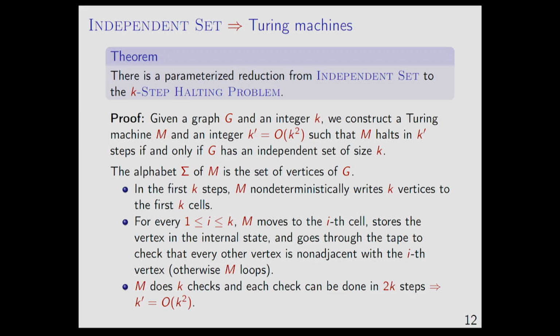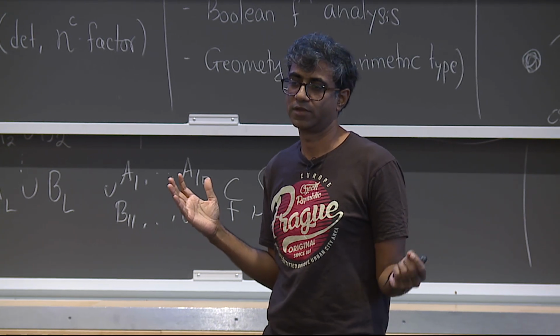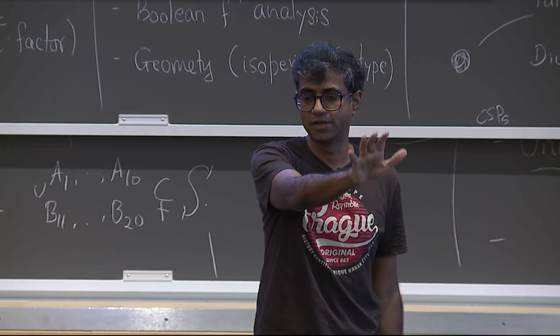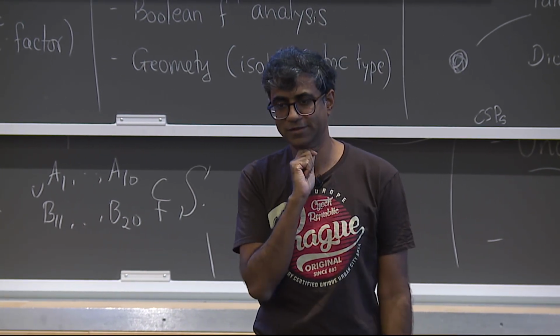If there is an edge, then you just loop forever. If M does k checks, and each check can be done in some 2k steps, your Turing machine will stop in some order k squared steps. Right? So this is the way you can reduce independent set to Turing machines.